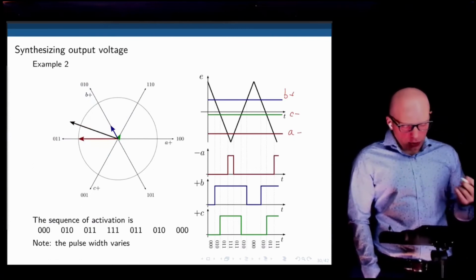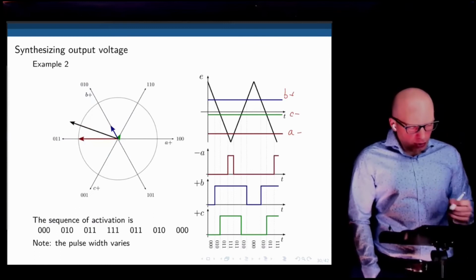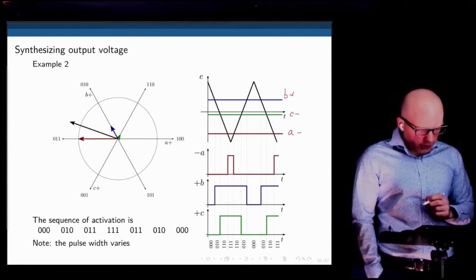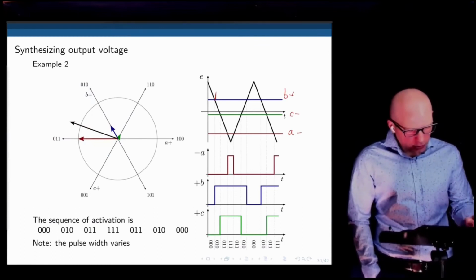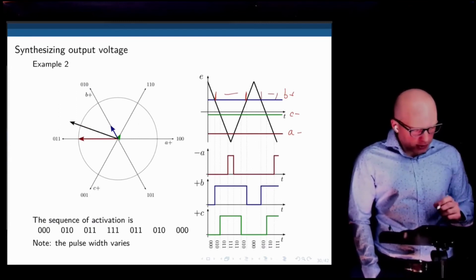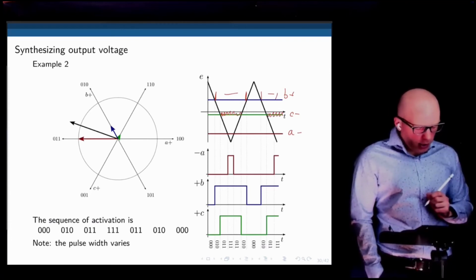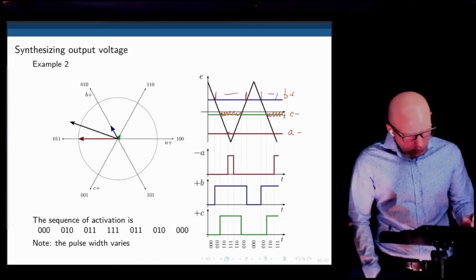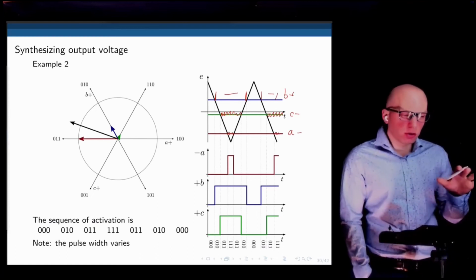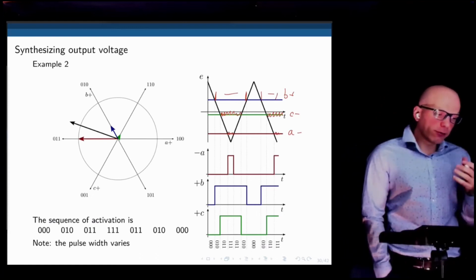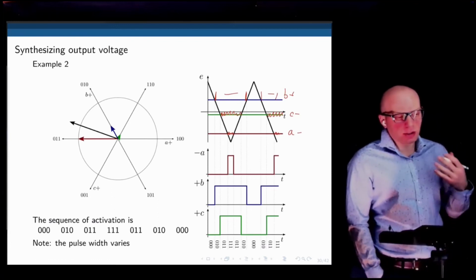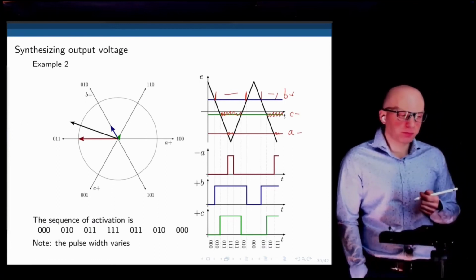We can now do the comparison with the carrier signal. For B plus, we see that B plus is only on here and here. We can see that C plus is only on during this part and that part. And you can see that A plus is only on here and there. Those are the only instances where the reference signals have a greater magnitude than the carrier.